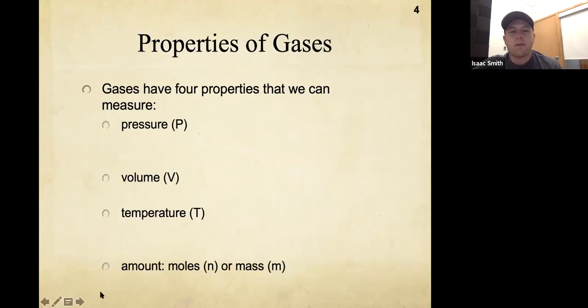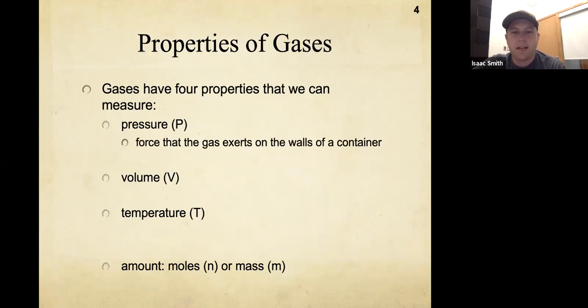Okay, so different properties. We have 4 properties that we can measure with a gas. So you have a pressure, okay? So this is going to be the force that the gas exerts on the walls of something. So if you're blowing up a balloon or something, right, there's a pressure of the gas inside the balloon that's pushing against the walls of the balloon to keep it wide, right? All right.